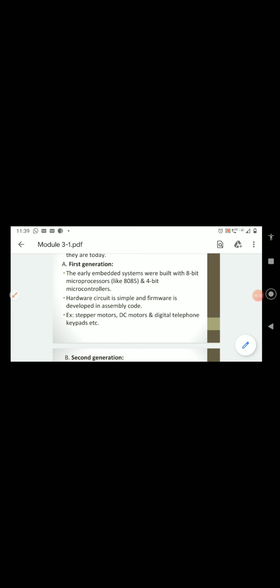Here they have mentioned digital telephone keypads, but we will see the keypad interface in part B, and stepper motors. So in part B of the lab programs we are going to program first generation embedded systems like stepper motors, DC motor, digital telephone keypads, etc. Okay, so this is about the first generation.